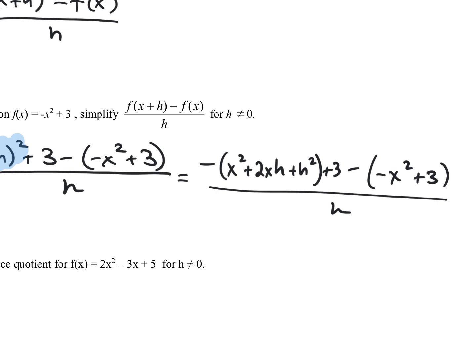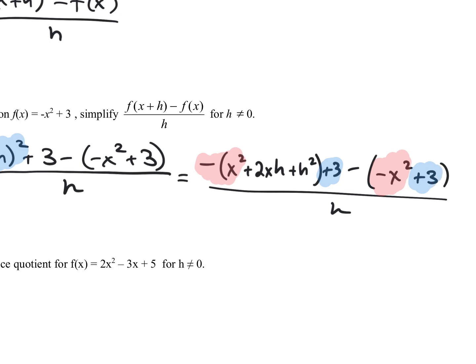Now, what you'll notice happens here is a lot of our terms cancel out. I have a negative x squared, and I'm subtracting from that another x squared. I have a 3, and I'm subtracting 3.